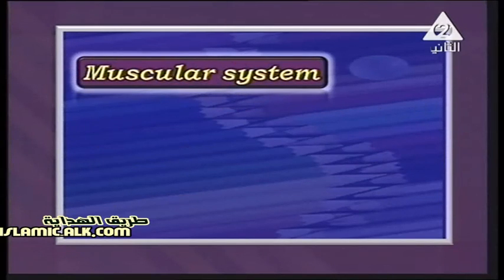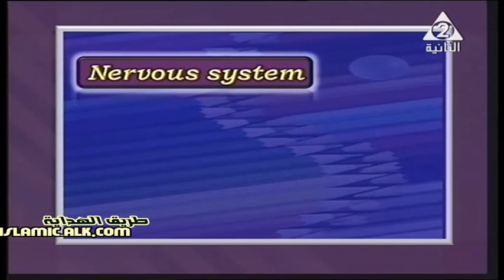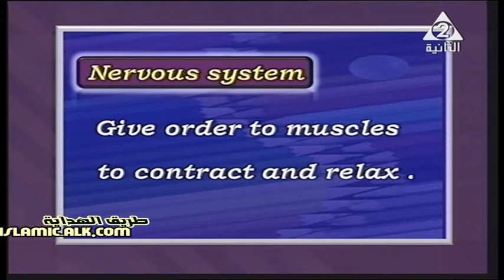And also the muscular system, for contraction and relaxation of the muscles. And also we need something to give the orders, which is the nervous system. So we have the skeletal system, muscular system, and nervous system, which gives orders to the muscles to contract and relax.